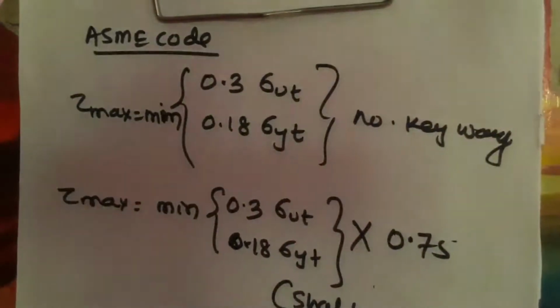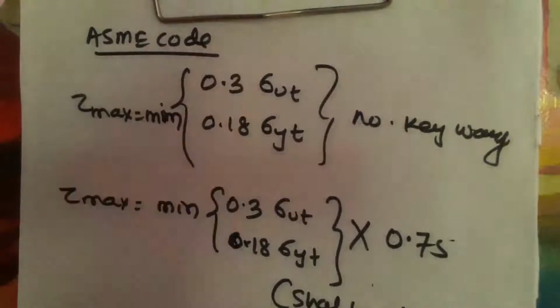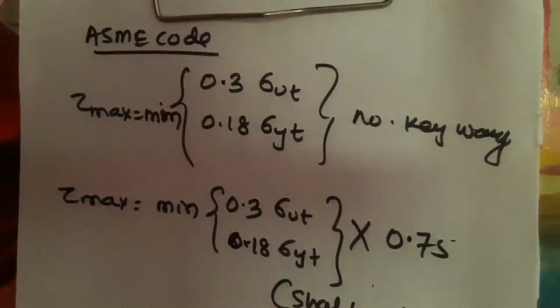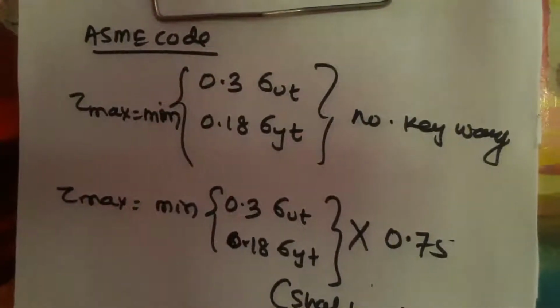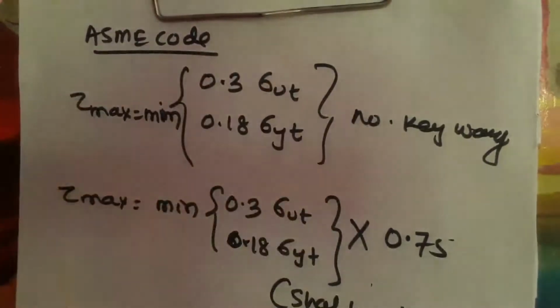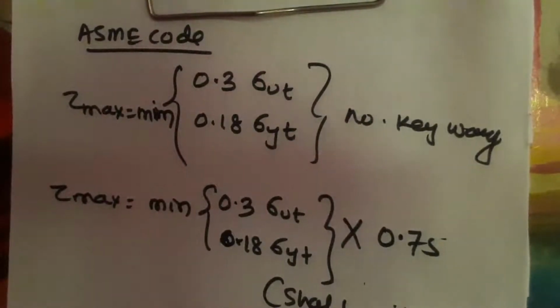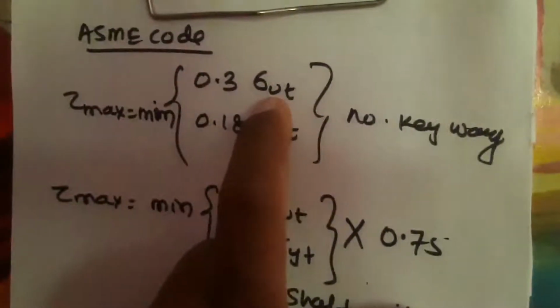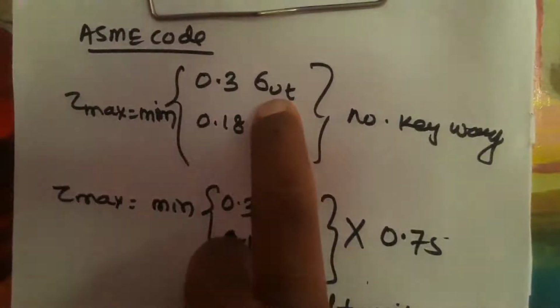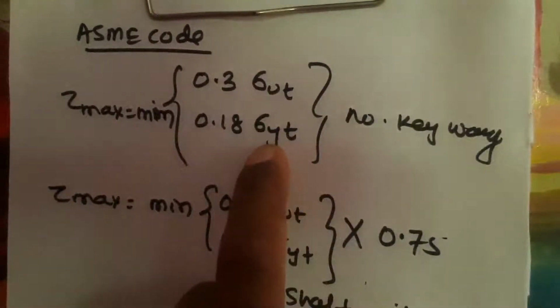So now to summarize, what is the ASME code? American Society of Mechanical Engineers code. They have formulated a permissible amount of shear stress that the shaft can have. You have to find out the material properties, that is the ultimate strength of the shaft material and the yield strength of the shaft material.